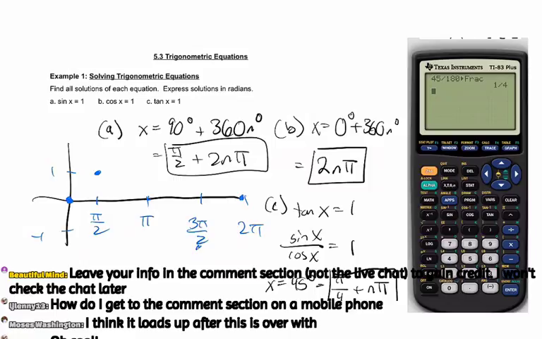Now we can check this. For instance, the first one, we say let n be any number. So if we go to y equals, and we're saying sine of x, right? And we're in radians, so we're good. So we go to variables, y1. Now we said x can be pi over 2 plus 2 n pi.